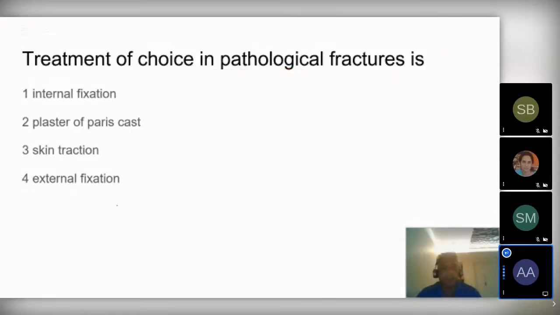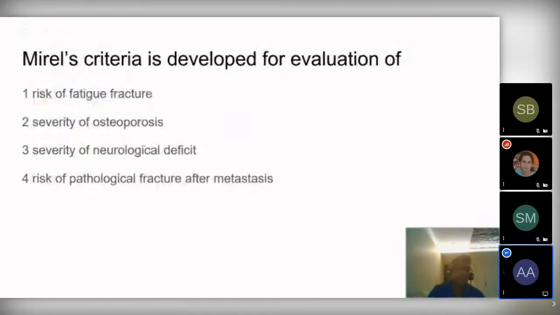So please remember, in pathological fracture the pain is not only due to the fracture, the pain is also because of the metastasis. Metastasis also causes severe pain. So internal fixation is the right answer. POP doesn't heal because there is a loss in the bone. Skin traction is no use. External fixation is again no use.